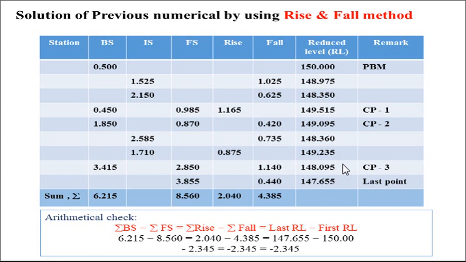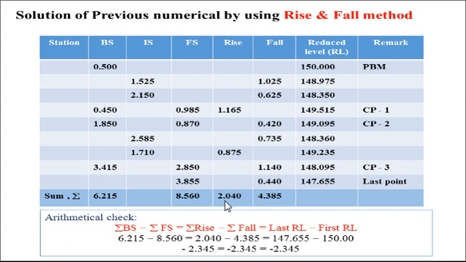Finally, for the arithmetic check, we have to take the summation of the backsight readings. So here it is coming 6.215. The summation of the foresight readings is coming 8.560. Also we have to take the summation of rises and the summation of falls.